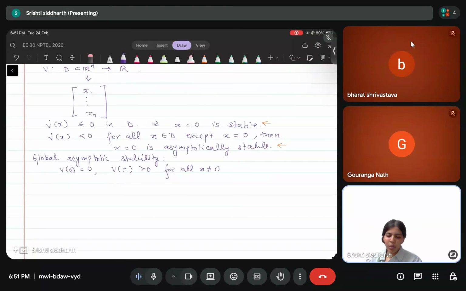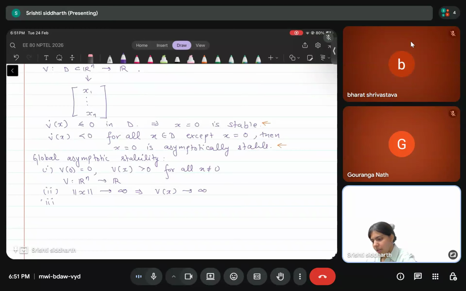Since we are talking about global asymptotic stability, V is defined from Rn to R and not a certain D of Rn. Okay. So this is one. Second condition is that if the limit of norm x tends to infinity, this implies that V(x) should also tend to infinity.